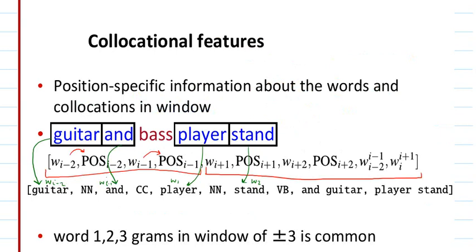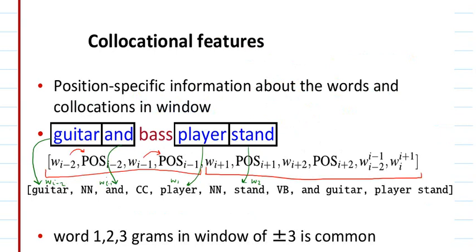These are the 1, 2, 3 grams of the window size plus minus 3, right? So this is the n-gram, this is i to i plus 1, this is i minus 2 to i minus 1.